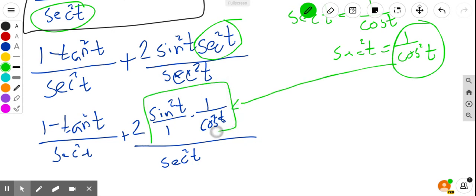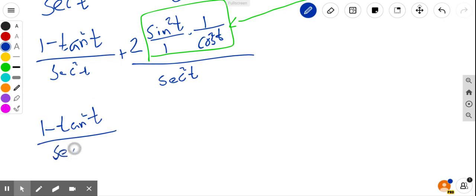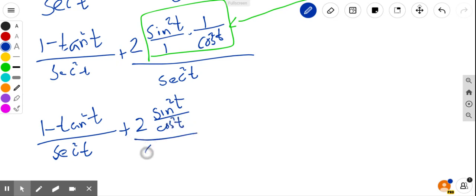So if I combine these two into one expression, 1 minus tangent squared of t over secant squared plus 2 sine squared over cosine squared over secant squared.